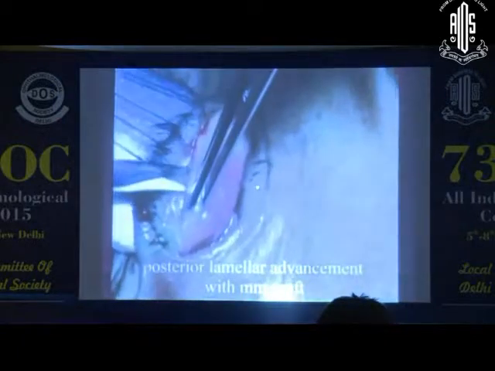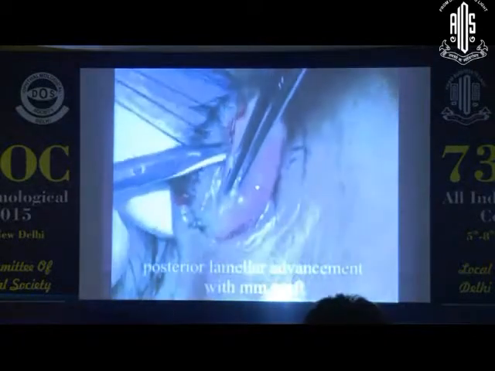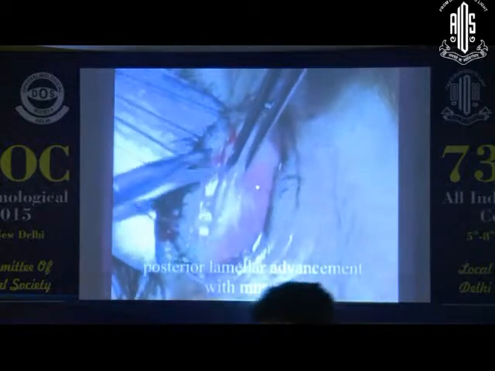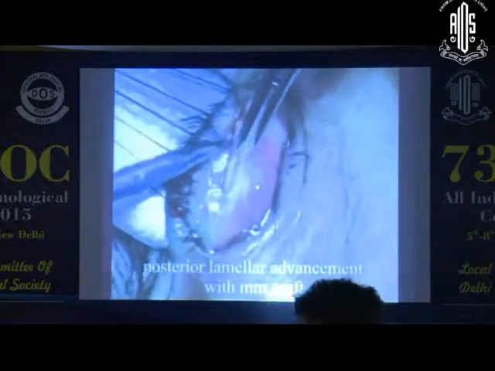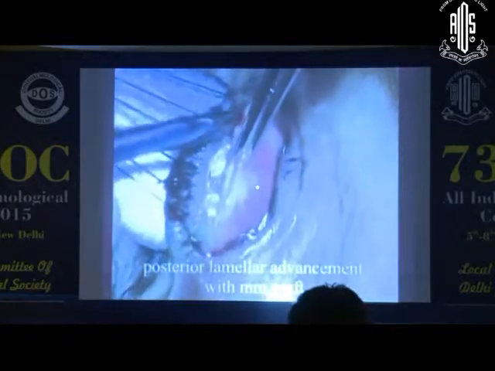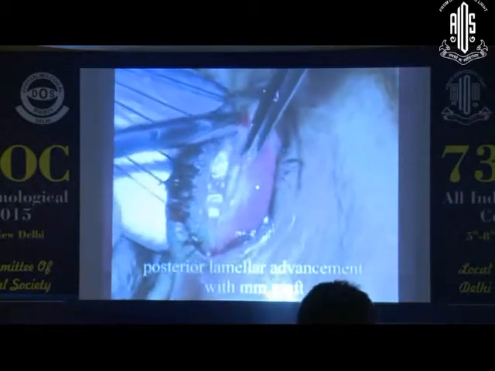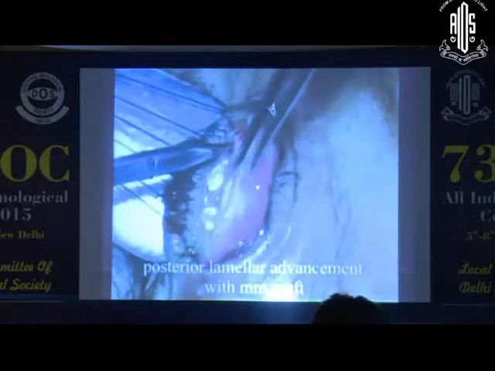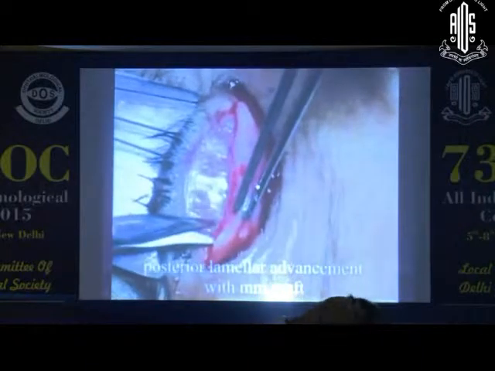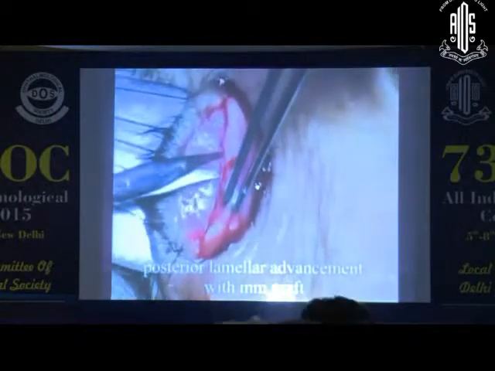And once you dissect posteriorly, then you will have to cut the attachment of the levators also in this. That is the difference. So you have now dissected in that plane.